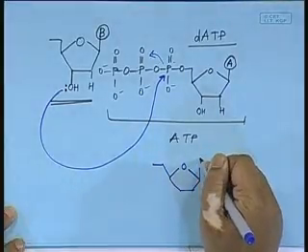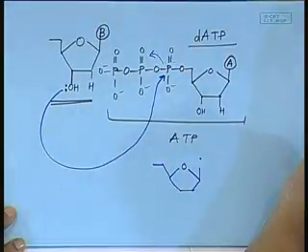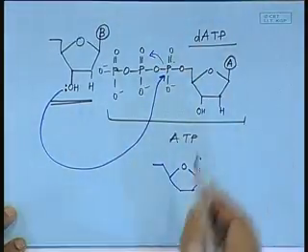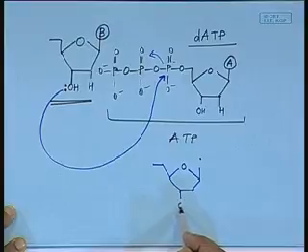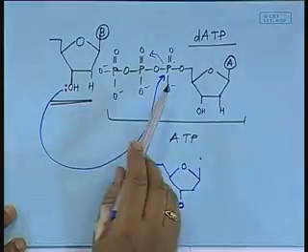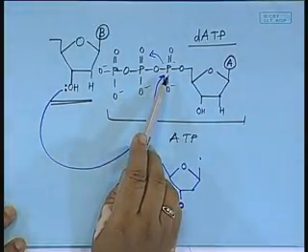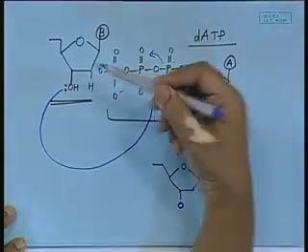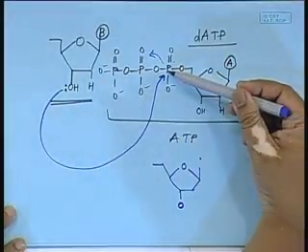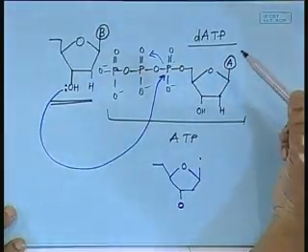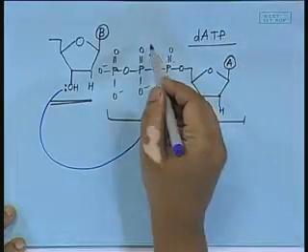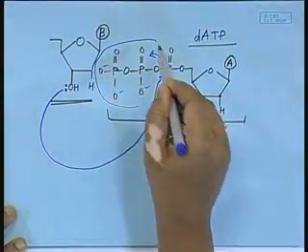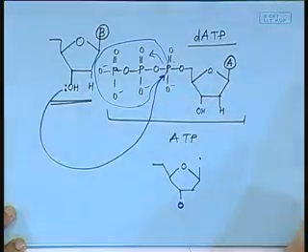What am I going to have here? If we had this A here, this oxygen is now linked to this phosphate. Right? This oxygen is now linked here, and we have this part released.